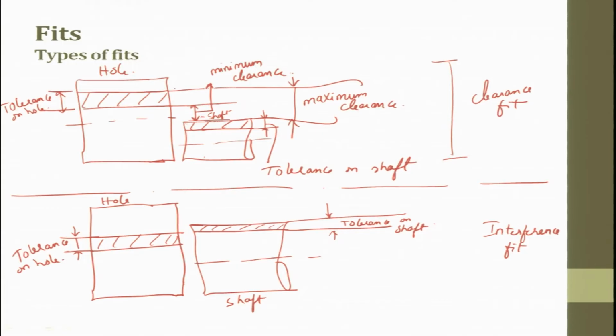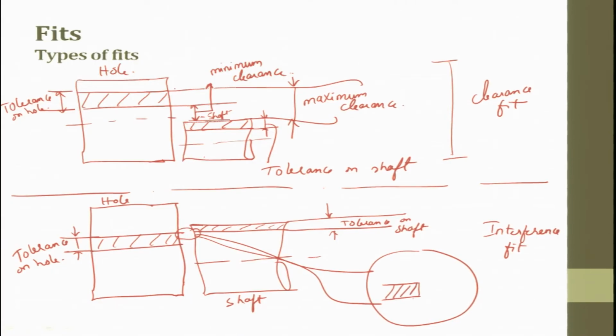If you see here, let me zoom this portion. So, assume this is the hole, this is the shaft, this is hole tolerance and this is shaft tolerance.